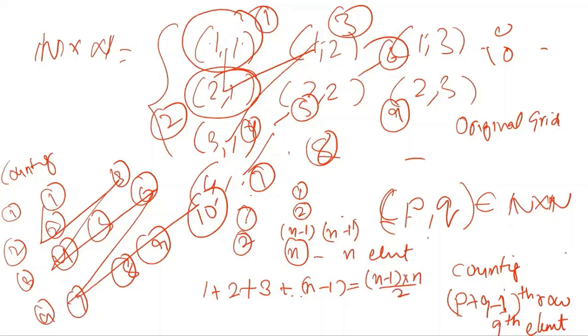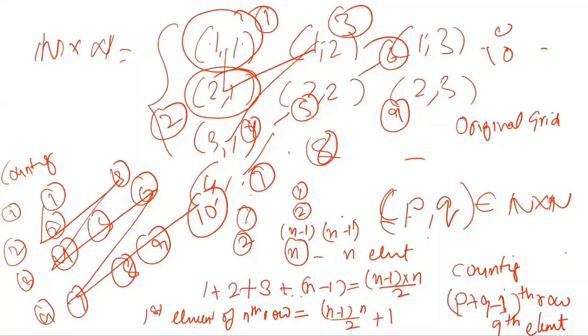Right, this is the formula. And then this many elements are before the nth row. So the first element of the nth row would be this number, (n minus 1) n by 2, plus 1.